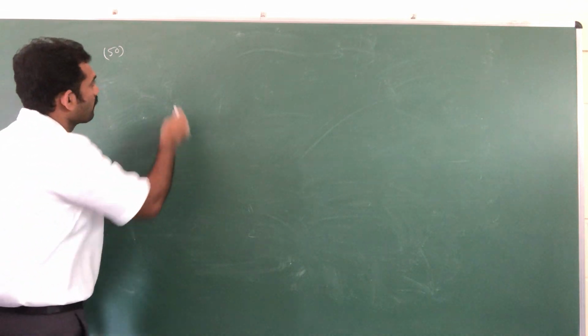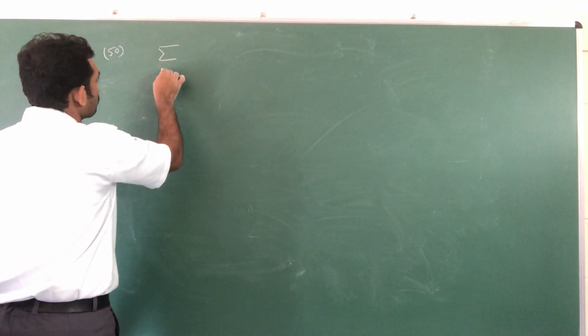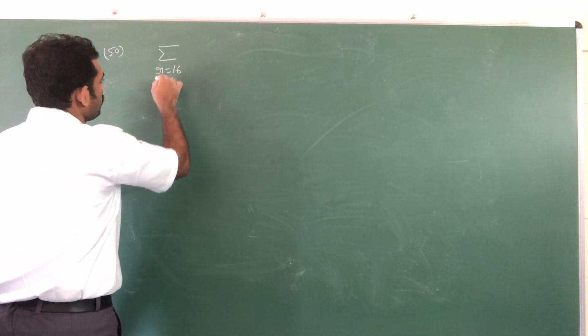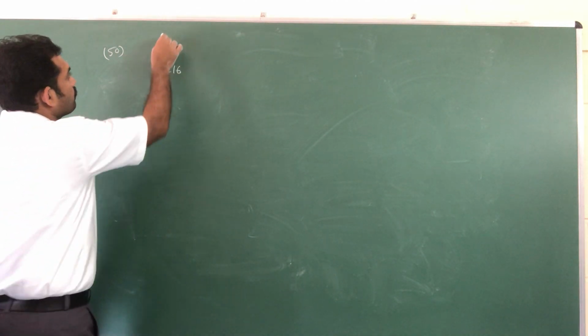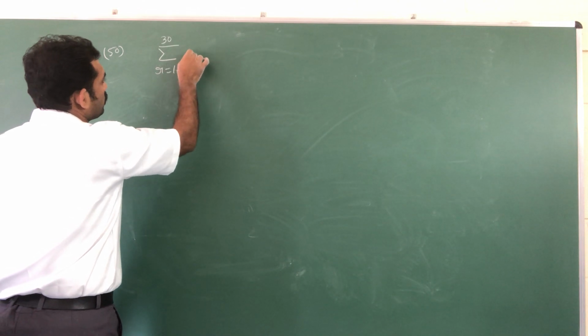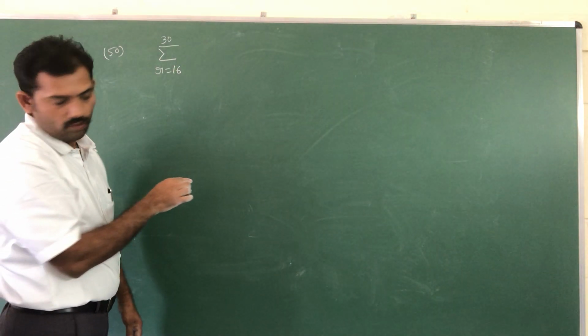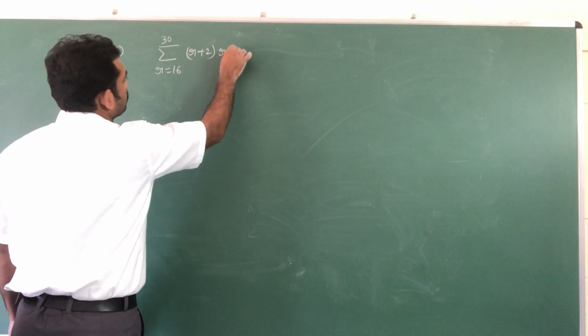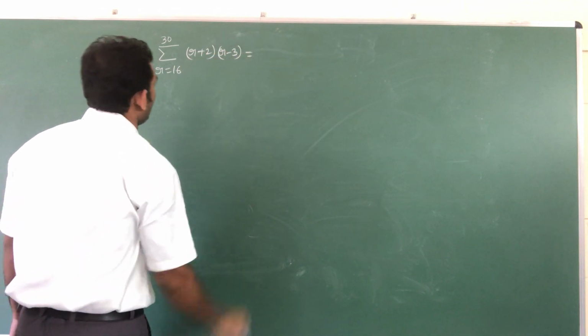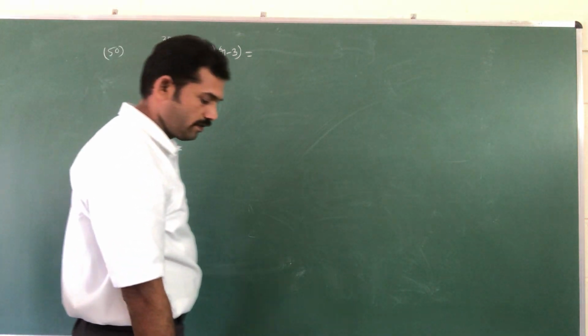Sigma R is equal to 16 to R equal to 30, R plus 2 into R minus 3.